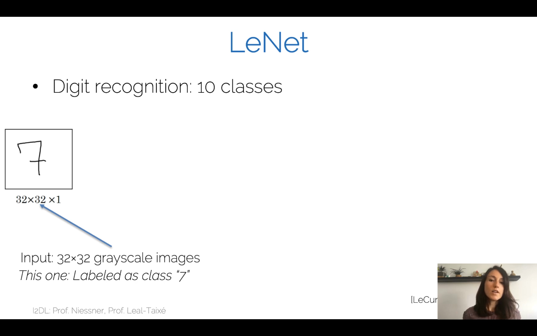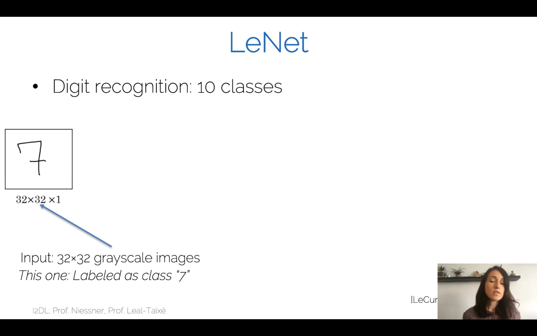This was a really simple convolutional neural network, but still very much used also for toy experiments with convolutional neural networks. This architecture was initially proposed for digit recognition, in which we need to recognize a handwritten digit. Therefore, we have 10 classes. We have to classify our image into 10 classes, from 0 to 9.